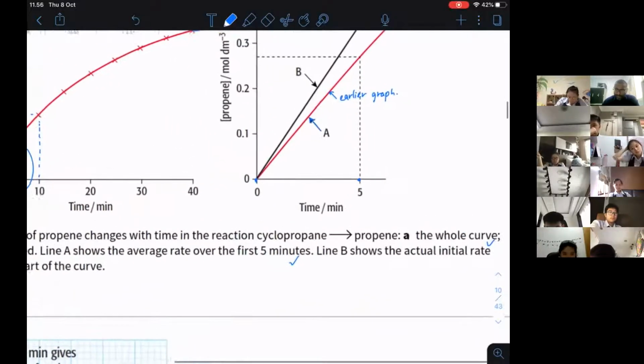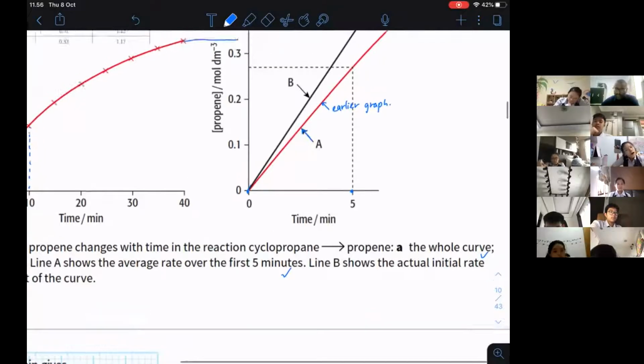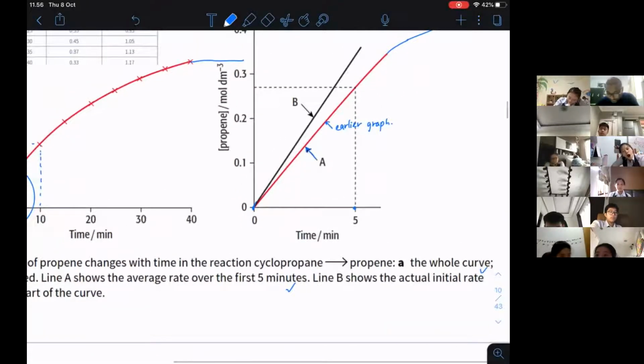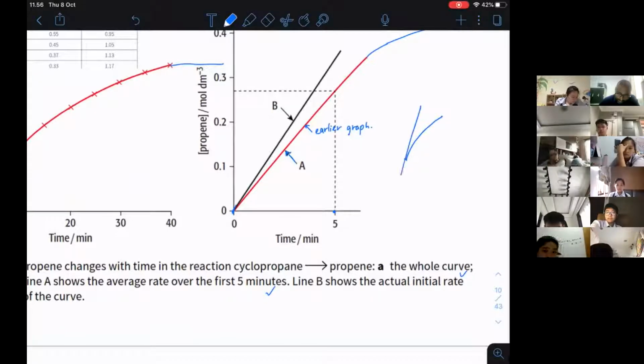You see line B at the start of the curve, they make another line, which is some sort of a tangent. I hope you know what a tangent is from your maths. If a line touches the curve at one point only, that is known as a tangent.